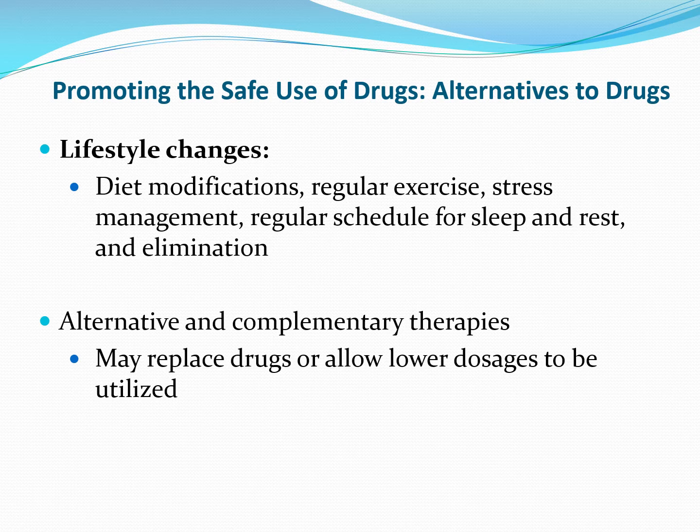Stress management, a regular schedule for sleep and rest, and elimination are very, very crucially important. It can also prevent the older adult from taking a lot of medications. Also, any alternative or complementary therapies can replace some of these drugs.